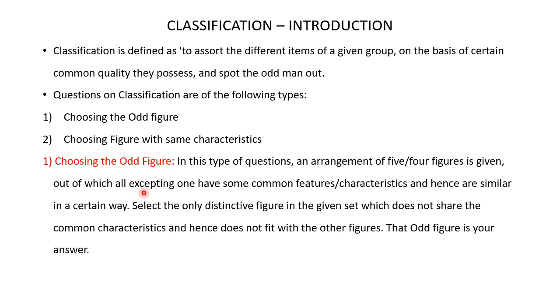All excepting one have some common features or characteristics and hence they are similar in a certain way. Now you have to select the only distinctive figure in the given set which does not share the common characteristics and hence does not fit with the other figures. That odd figure is the answer.